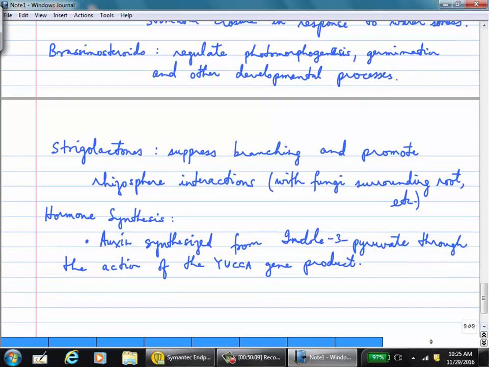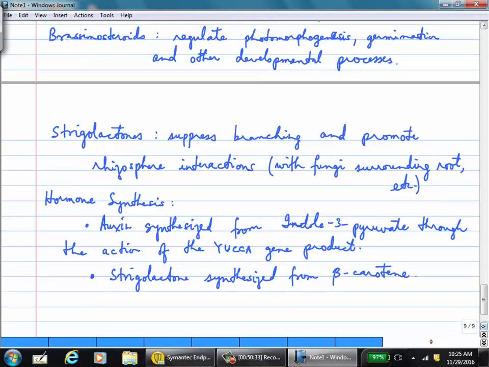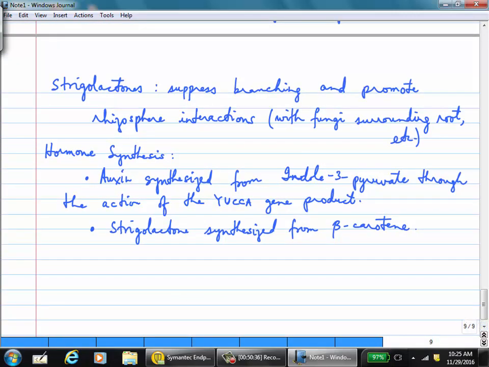Another example is that strigolactone is synthesized from beta carotene, and there would be a pathway for synthesizing that. Again, this is very, very sketchy. I don't have time to go into the details of that. But each individual person, if you're going to do research related to agri-life applications, you would have to pick up a particular pathway, see what is done, and what more needs to be done.